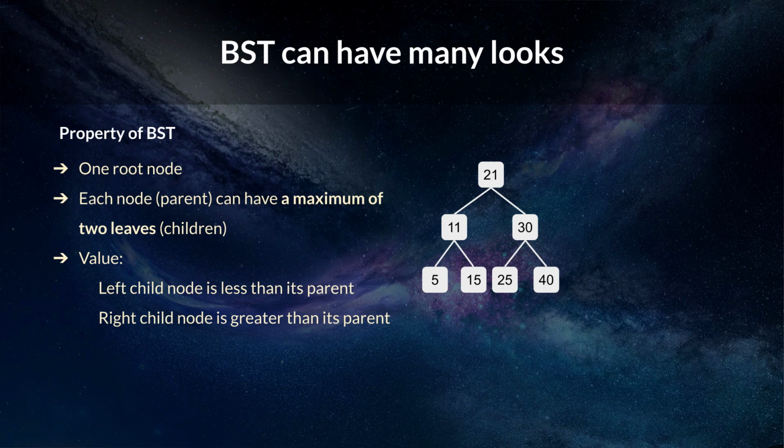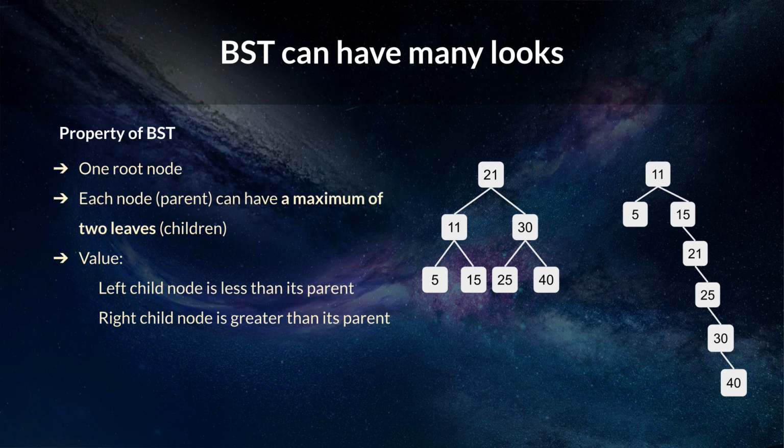And let's look at another example here, which also qualifies all the binary search tree's properties, but the one on the left is balanced, and the other one is imbalanced. The main difference between balanced and imbalanced trees is time complexity. For example, in a perfectly balanced tree, if we want to search for an item, it makes our search time logarithmic.